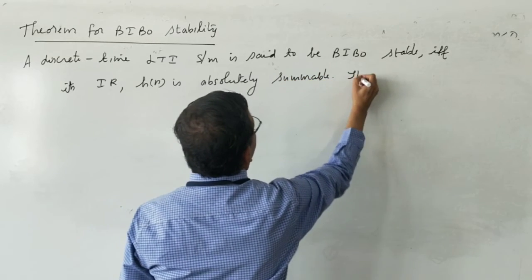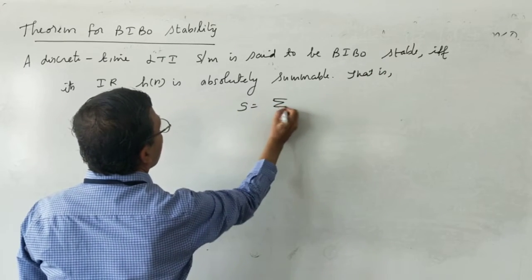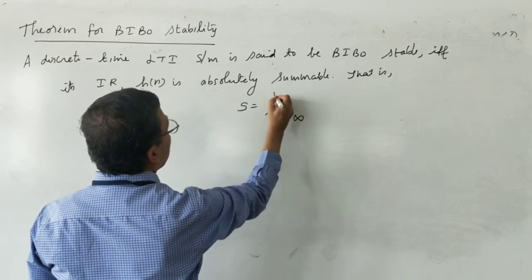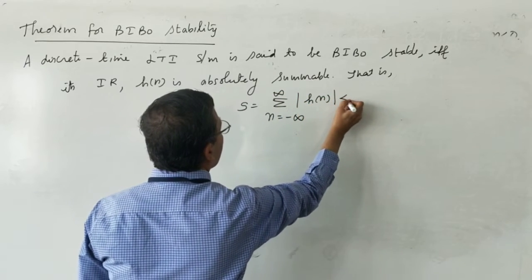That is, S is equal to summation n equals minus infinity to plus infinity, modulus of h of n is less than infinity.